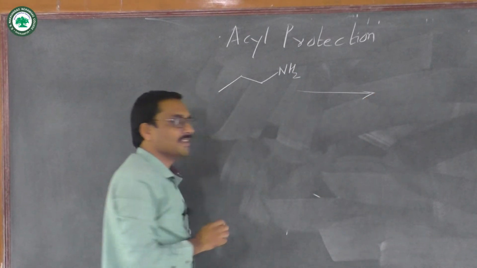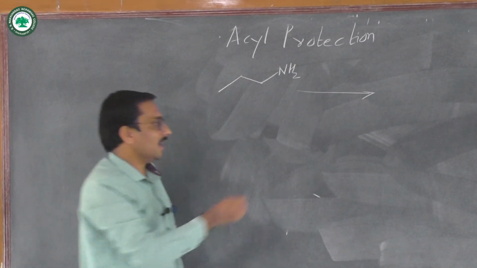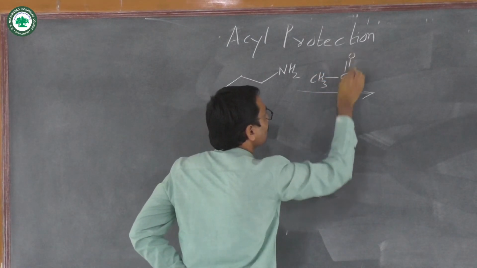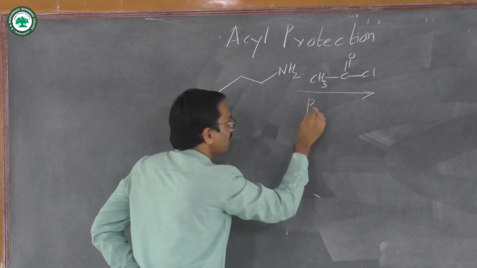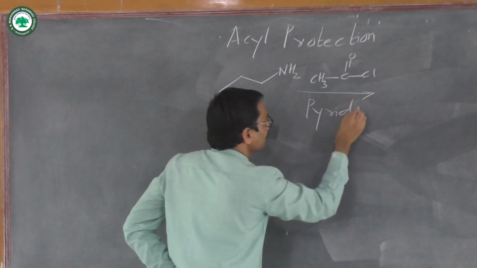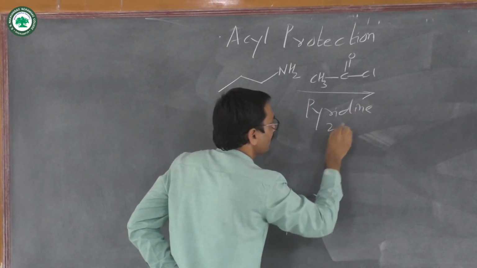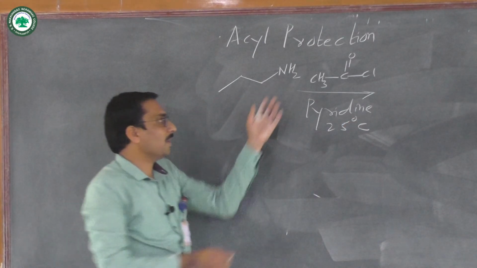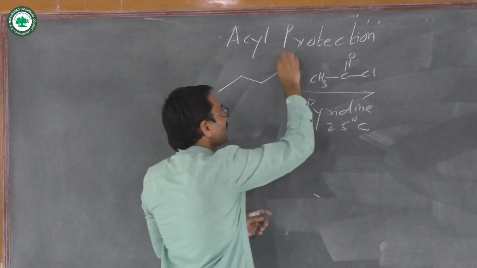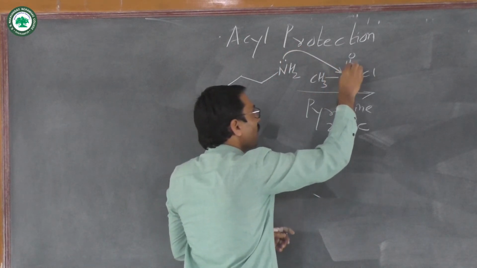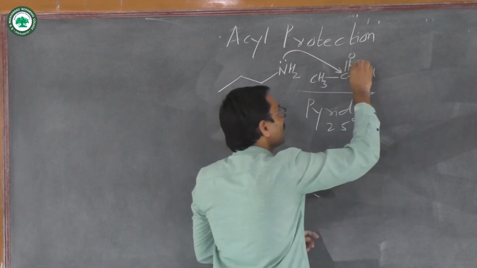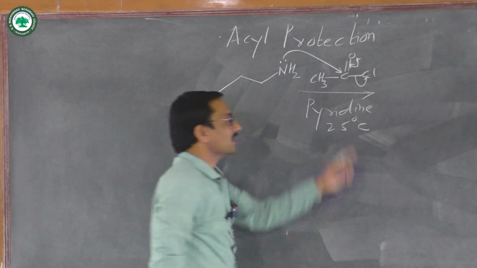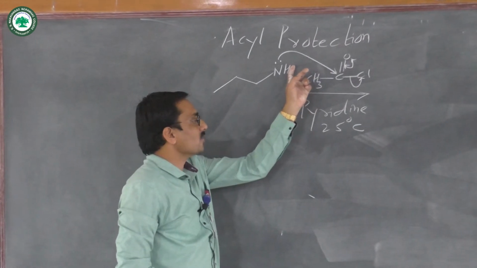That amine is allowed to react with acetyl chloride in the presence of pyridine as a base at 25 degrees Celsius. The amine reacts with the carbonyl carbon of acetyl chloride. So there is loss of Cl minus, and that Cl minus takes a hydrogen from NH2.